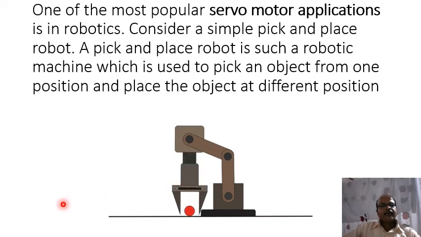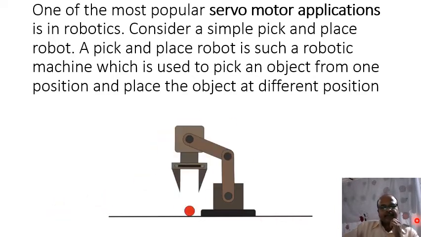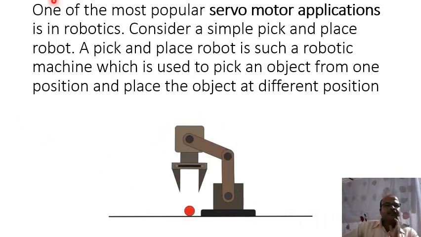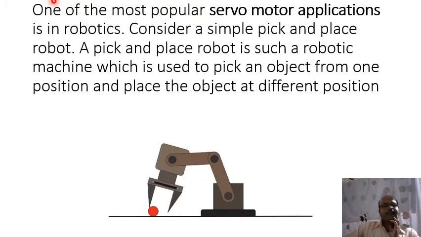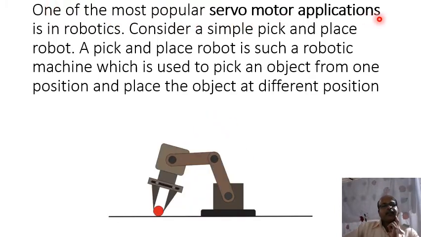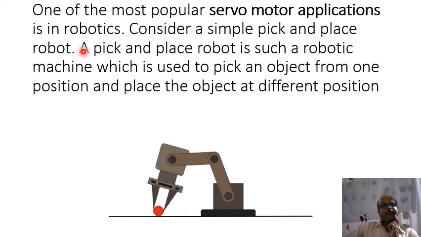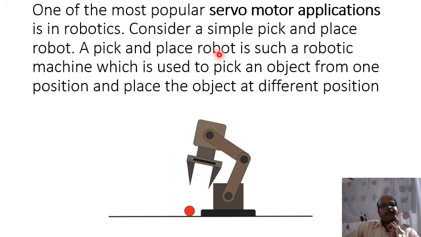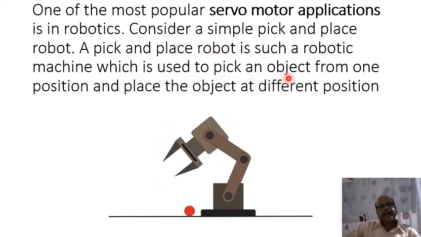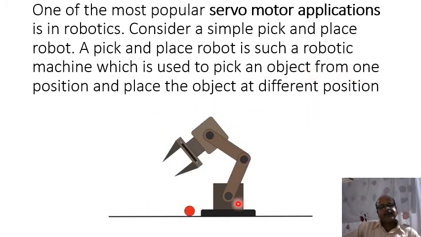Then next, after performance specifications, we will take some of the applications where this servo motor or servo mechanism is used. One of the most popular servo motor application is in robotics. Consider a simple pick and place robot. A pick and place robot is such a robotic machine which is used to pick an object from one position and place the object at a different position.